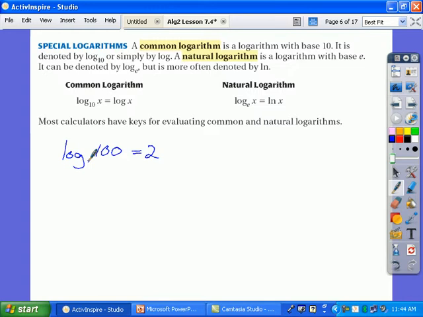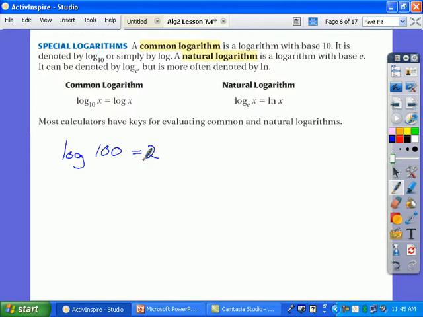Okay. Now the good news is, if it's a common log or a natural log, you can just type it into your calculator. So all of your calculators understand if you type log of 100, they'll give you out 2. This is really nice. But your calculators don't understand this. So you can't just type that in and get out 1/2.